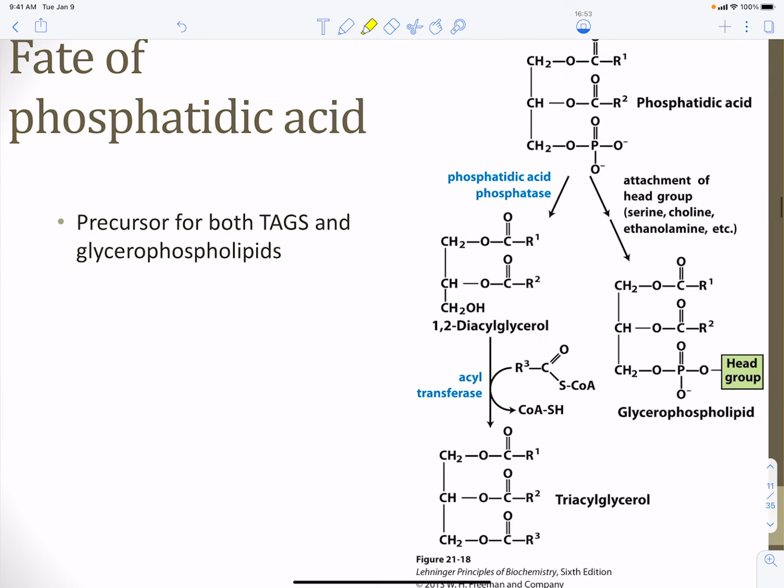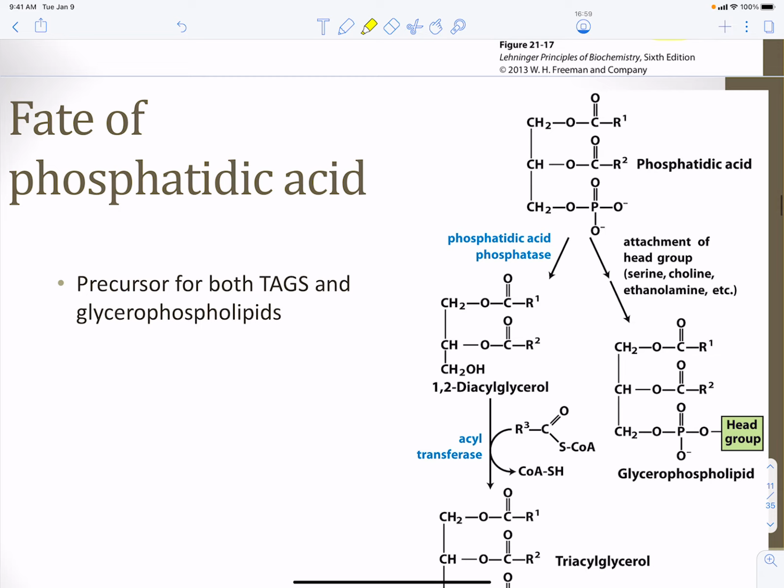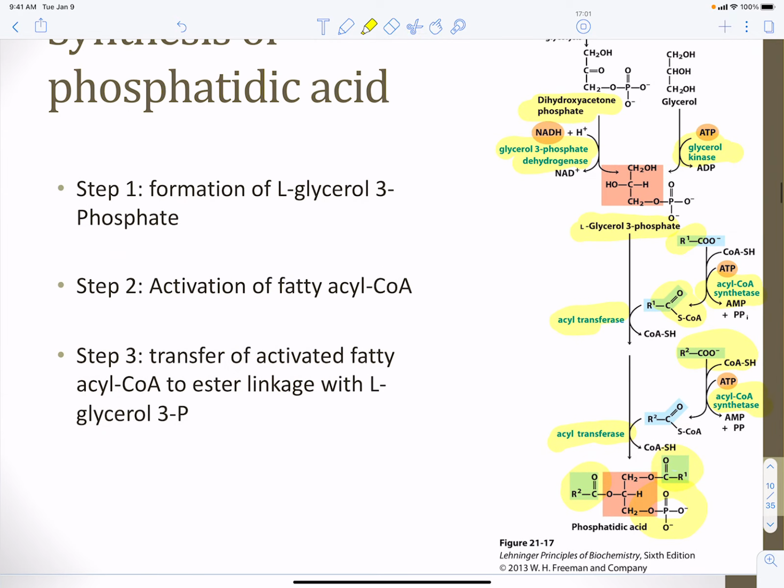So then what happens to phosphatidic acid? Well, some things to point out before we move to that is that you have in the liver and adipose tissue the convergence of wanting to make glycerol 3-phosphate, because your adipose tissue needs to make glycerol 3-phosphate so it can build tags, and so they can store tags.